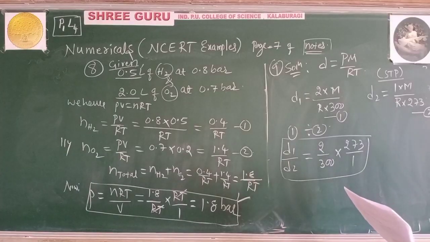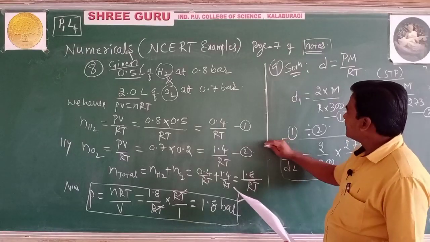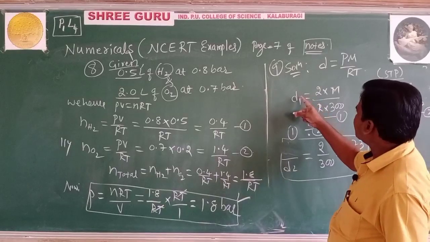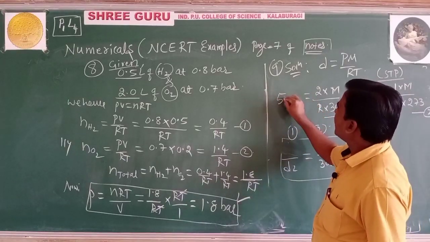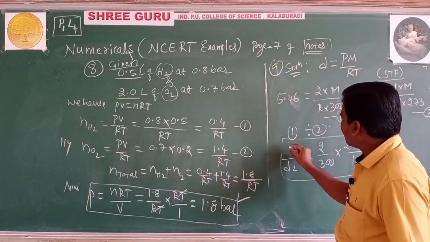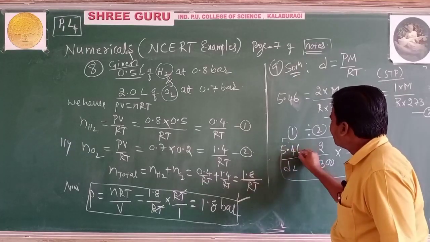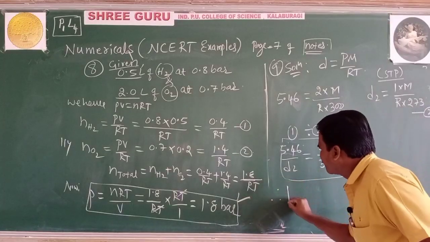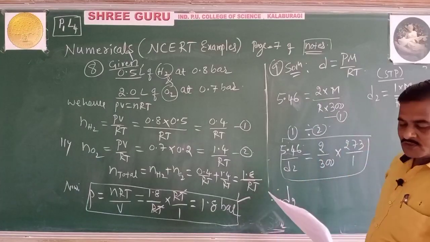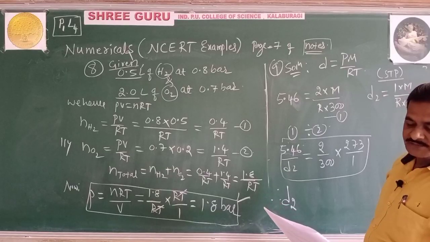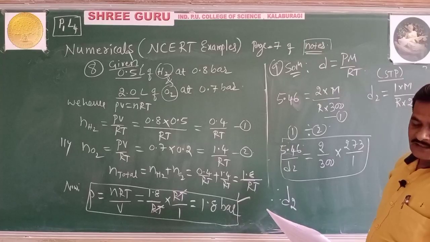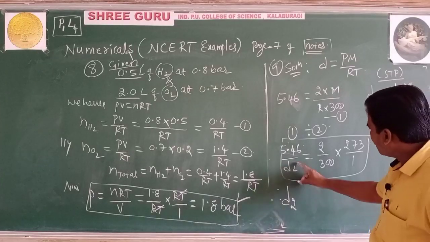Sorry, they have given one value. What is that value? The density they have given as 5.46. This density value is given, so I write 5.46. Finally, you solve for D2.